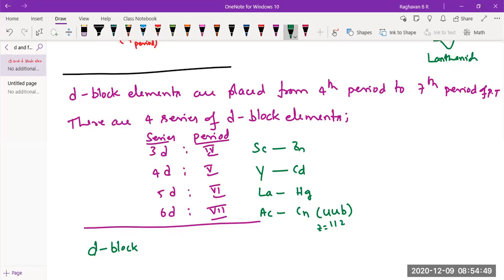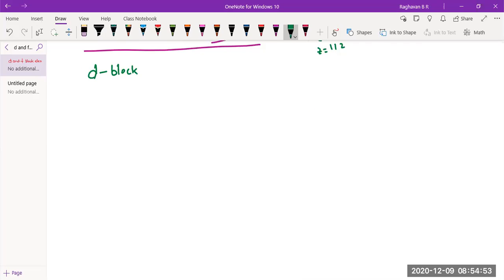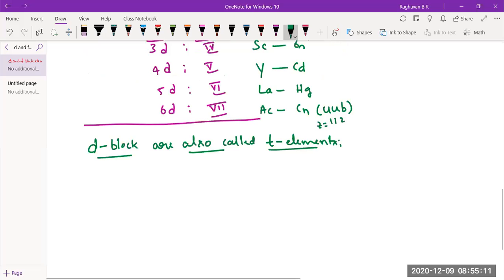Done, sir. So we shall proceed. These D block elements are also called transition elements. Now, why are they so called?